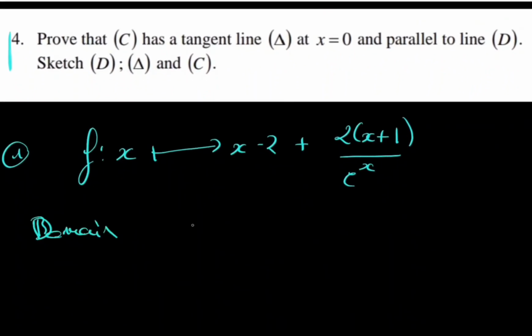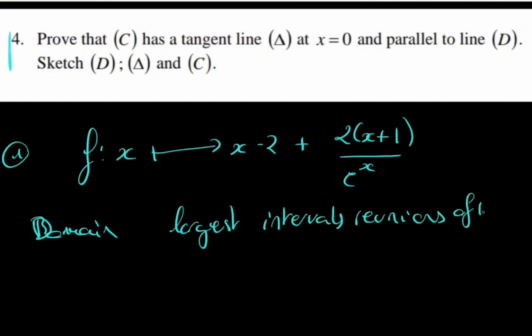So the domain, which is the largest interval or union of intervals of R where f exists. So basically, the largest union of intervals where we don't have any problem with the function. So where could our problem come from?